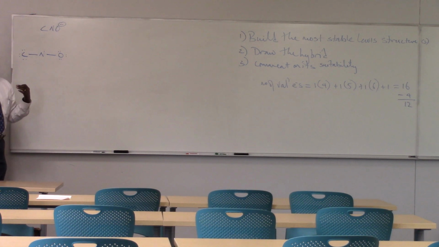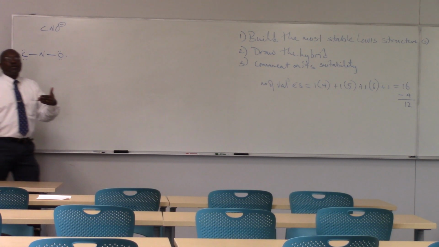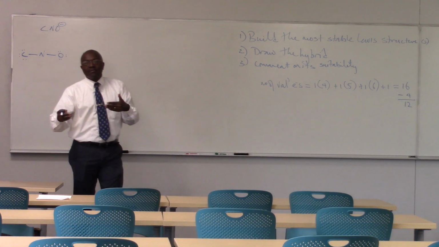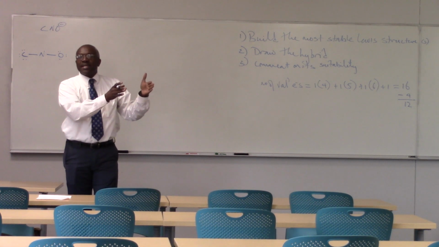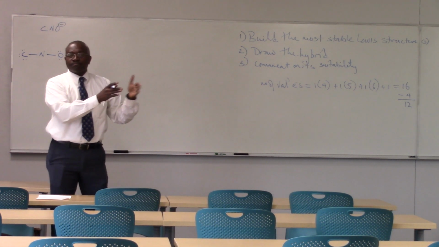But a Lewis structure is also given the responsibility of identifying the formal charges. And again, how do you do formal charges? We count how many valence electrons a particular atom has and compare that number to the number it should have based upon which group in the periodic table it exists.